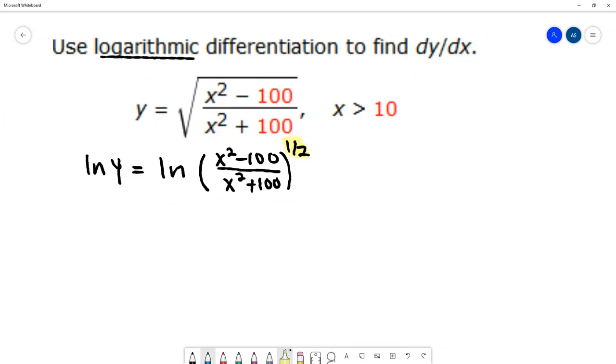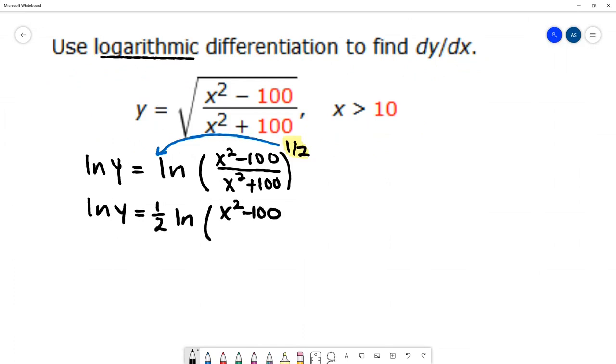Remember, this is an algebra property, and the power rule for logarithms allows us to take this power and move it to the coefficient. So that would give us natural log of y equals 1/2 natural log of (x squared minus 100) over (x squared plus 100).